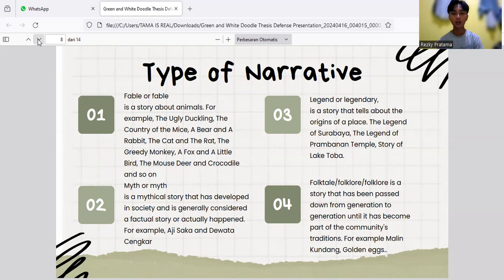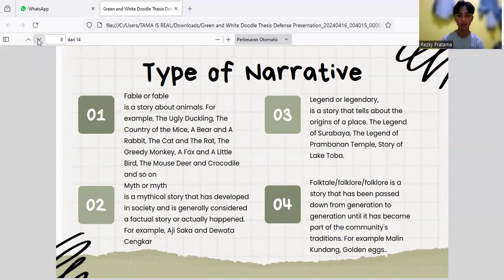Number three, legend, is a story that tells about the origin of a place or the legend of somewhere or about something. For example, the legend of Surabaya, the legend of Prambanan Temple, or the story of Lake Toba. Number four is folk tale or folklore.